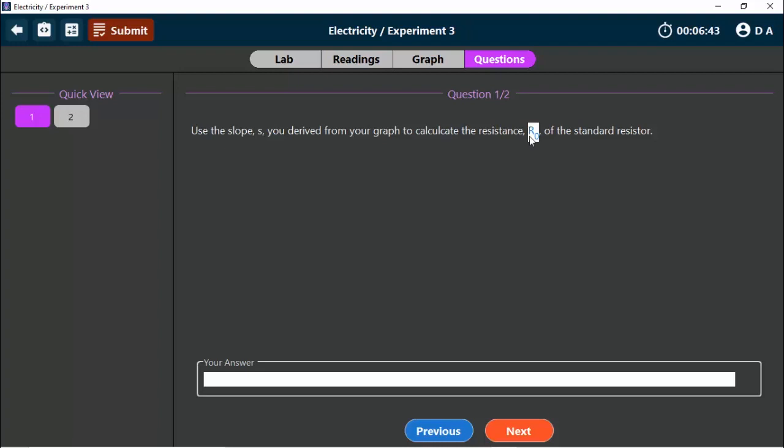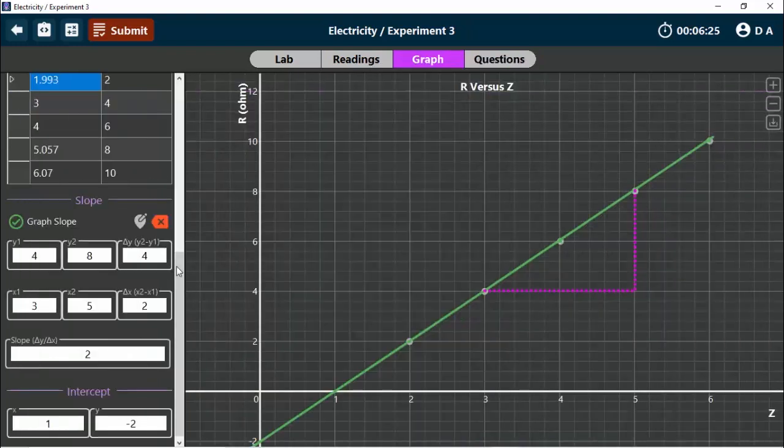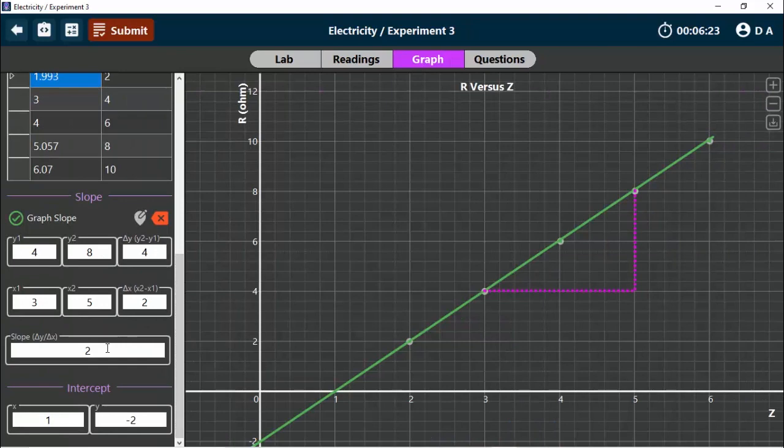So this experiment is leading you towards figuring out the resistance of the standard resistor. Whatever you have as the slope, which is S, is what will be the value of the resistance. So if you check here, you will see that our slope is 2.